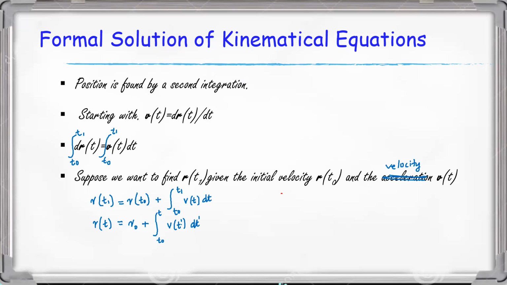This is the expression for position: r of t is equal to r0 plus the integral from t0 to t of v of t dash dt dash, where r0 is the position at t equal to t0. Here there is a mistake, it is not velocity, it is the position.